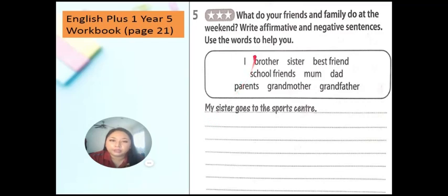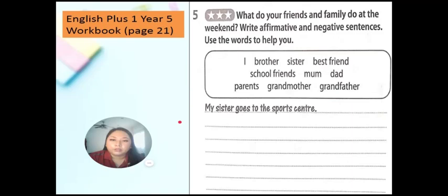Sekurang-kurangnya 1 ayat affirmative dan 1 ayat negatif. Gunakan mana-mana perkataan dalam kotak ini dan fikirkan apakah yang dilakukan oleh mereka. Okay, paling sedikit tulis 2 ayat. Okay, at least you write 2 sentences.